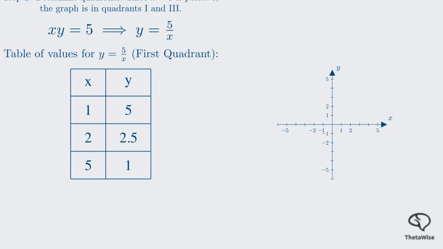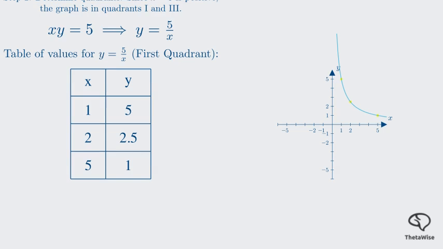Remember, the asymptotes are the x and y axes. This means our curve will get closer to the axes but never touch them. Plot the points 1, 5, 2, 2.5, and 5, 1. Sketch a smooth curve through these 3 points, making sure it gets very close to the x-axis as x gets large, and very close to the y-axis as x approaches 0. This is our first branch in the first quadrant.